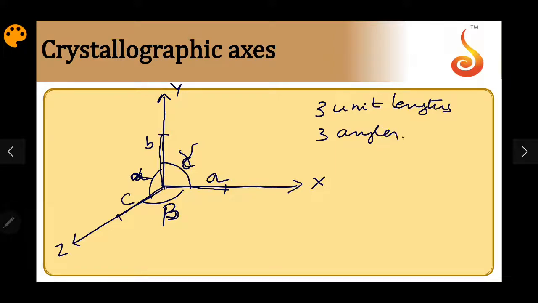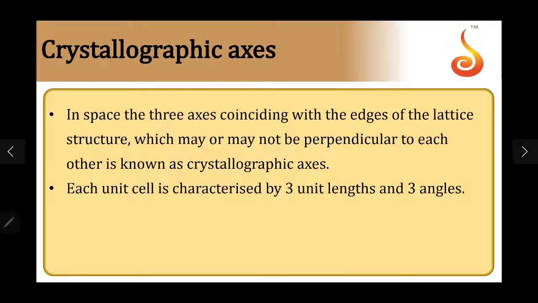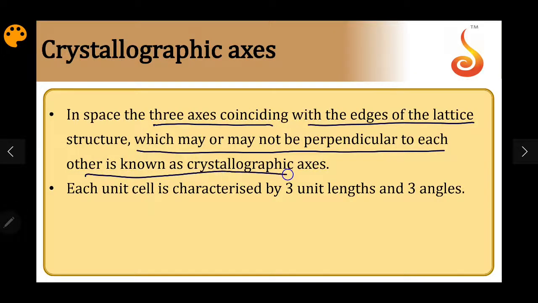Based on these 6 parameters, we have 7 crystal systems in nature. In space, there are 3 axes coinciding with the edges of the lattice, which may or may not be perpendicular to each other, known as crystallographic axes. Each unit cell is characterized by 3 unit lengths and 3 angles.